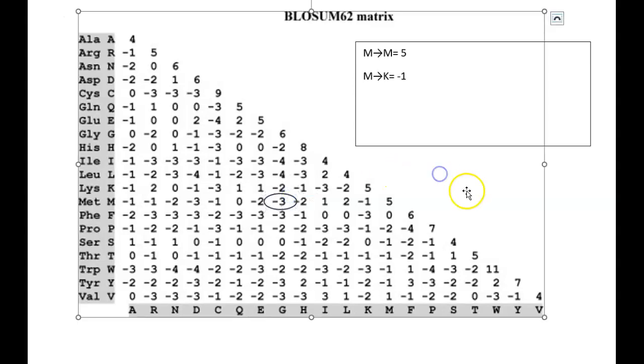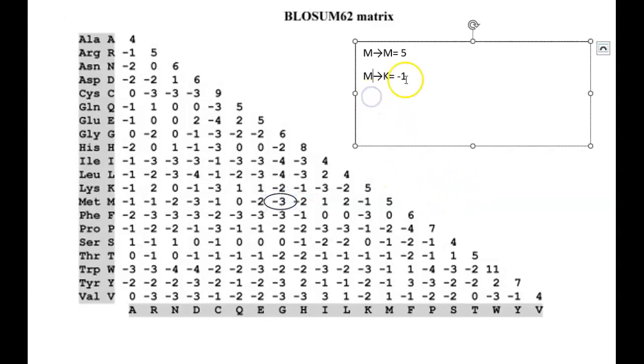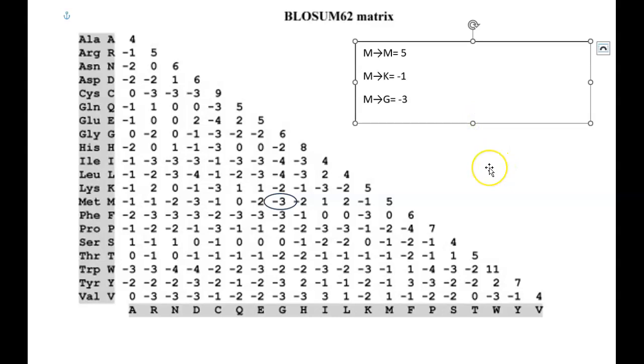What if the methionine in that position, right here, what if it ended up mutating into a glycine? And we see that that value is a -3. And so you're like, well, I don't get it. I get the M to M. You probably have figured out, based on this, that the higher number is better.